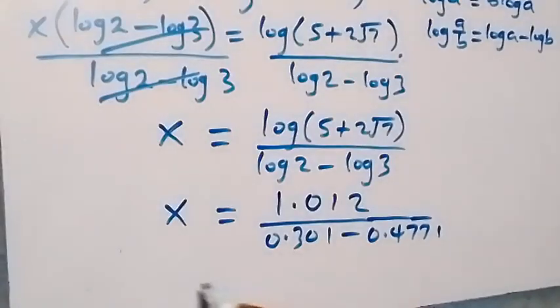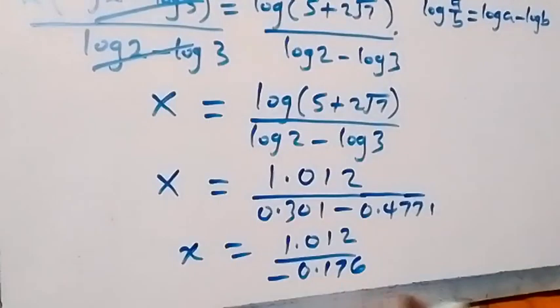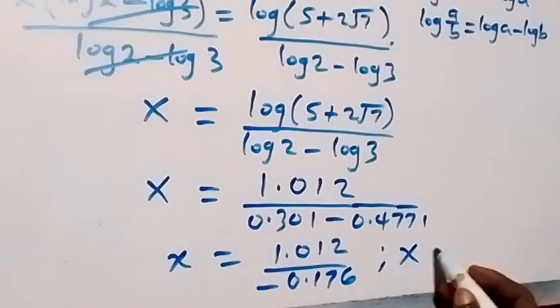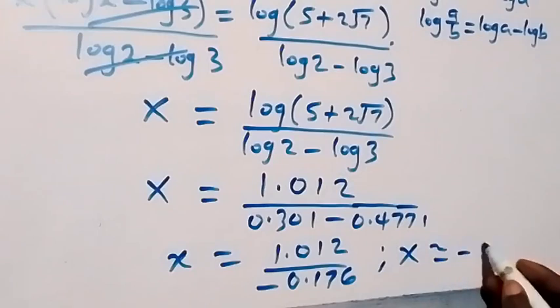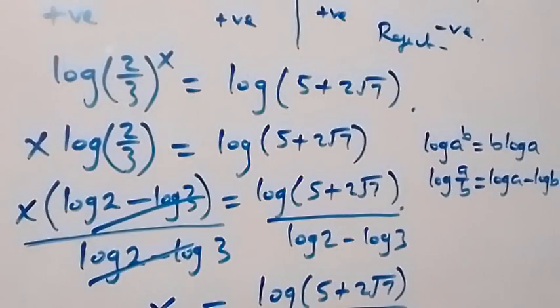Then here x equals 1.012 divided by minus 0.176 from here, and then from here it implies that x will be approximately equal to minus 5.75. So here we have the value of x in this given problem, which is approximately equal to minus 5.75. So we, of course, can check if this satisfies the given problem.